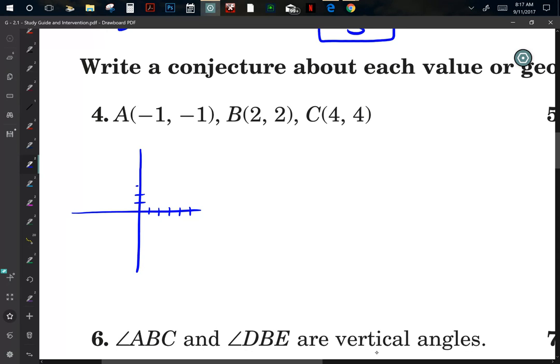I would just plot out what you have here. Like I said, make a conjecture. Okay, A is -1, down 1. B is right 2, up 2. And C is to the right 4.